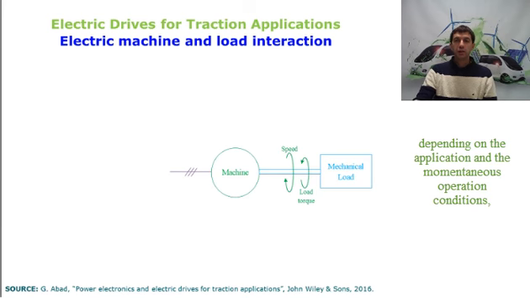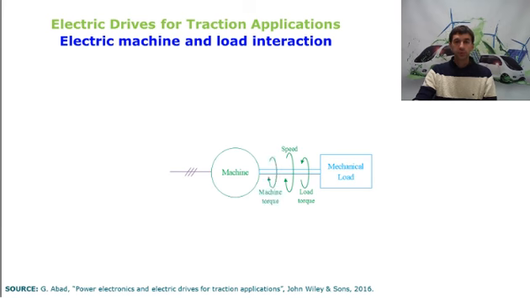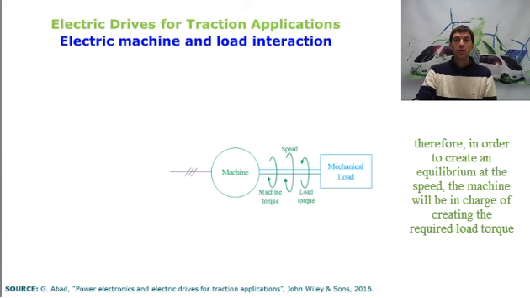Depending on the application and the momentary operation conditions, the load will produce a certain load torque at that rotational speed. And therefore, in order to create an equilibrium at the speed, the machine will be in charge of creating the required load torque.